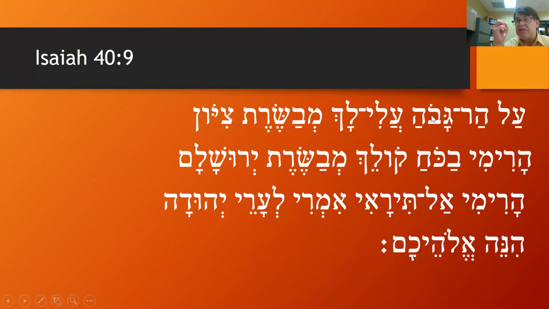And when the bet has the dot in it, it's a b sound. And when the bet doesn't have the dot in it, it's a v sound. This is one of the few places in modern Hebrew where they actually continue to do this sort of stuff. This difference of sound depending on whether the dot is in it, dagesh, that is. So this is gavoa, and this is mavo, okay?